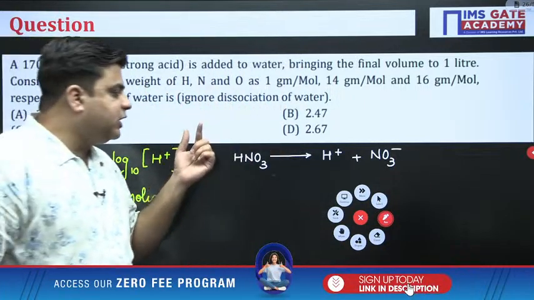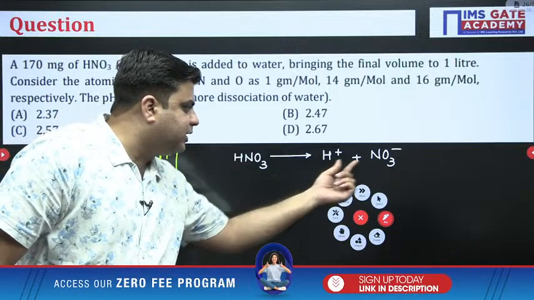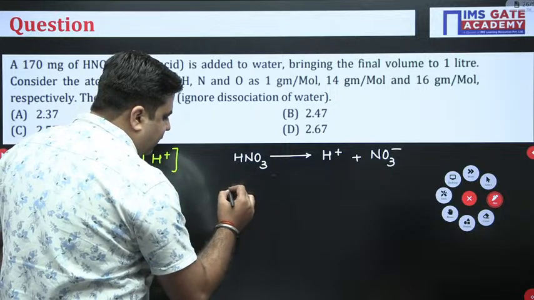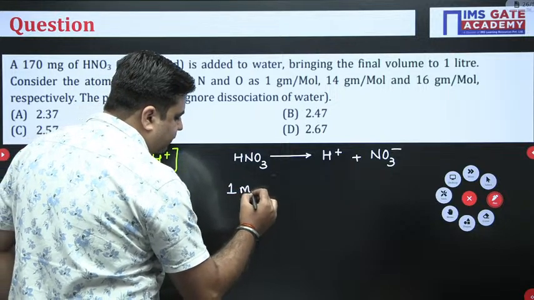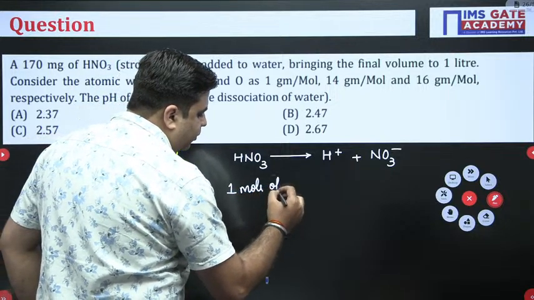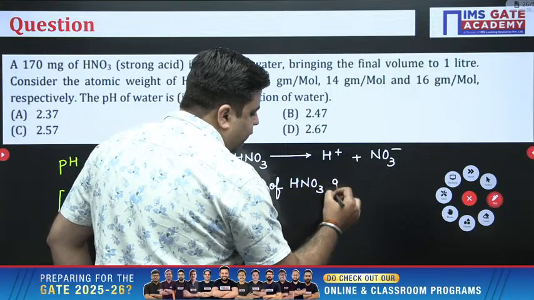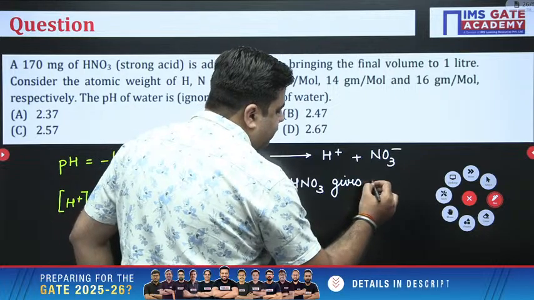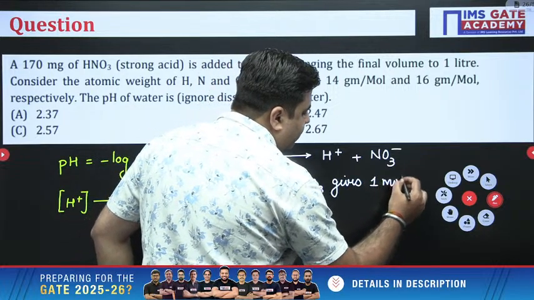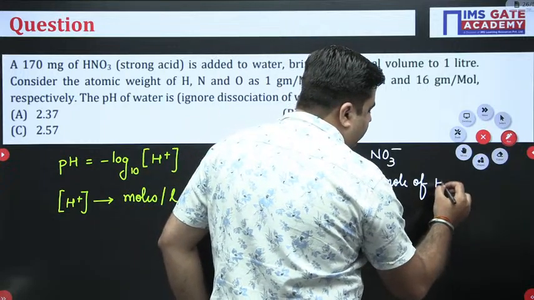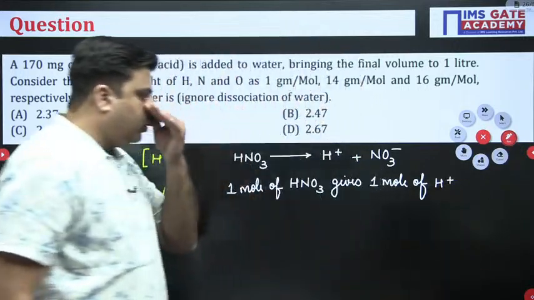From this equation I can write that 1 mole of HNO3 gives 1 mole of H plus ion.